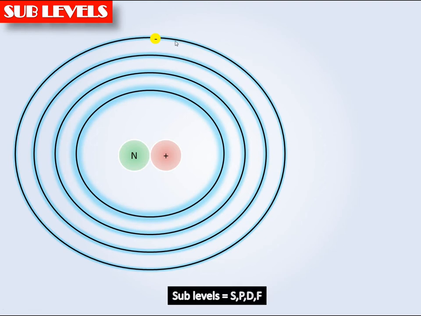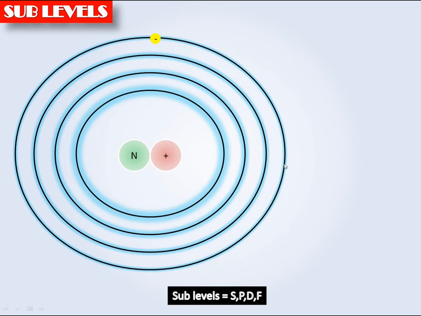These sublevels have specific symbols that go with them, called S, P, D, and F. There are more than that, but we'll not be talking about that right now. So there are about 4 sublevels per energy level.